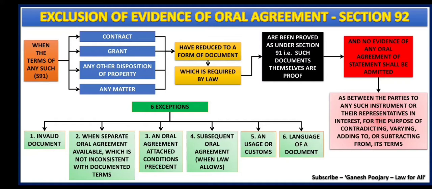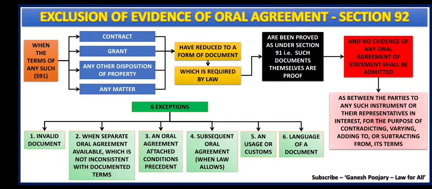And the fourth one: if there are any subsequent oral agreements, and if law allows that, that is also an exception where oral agreement or evidence can be taken. The fifth one: when it is related to usage or customs, in that case oral agreement can be considered.